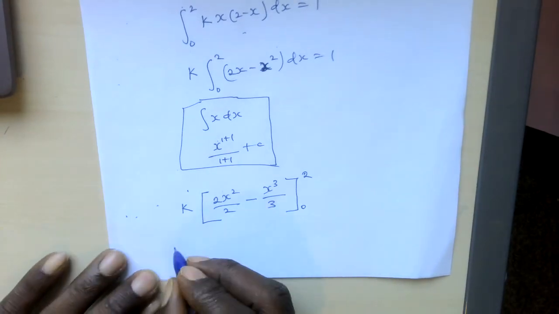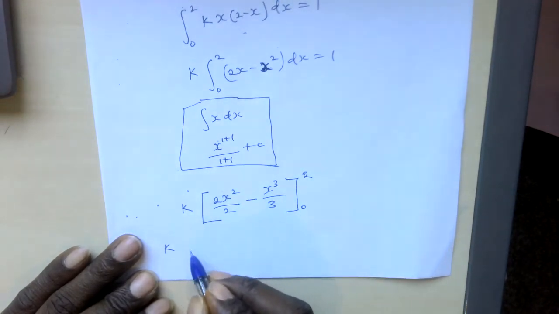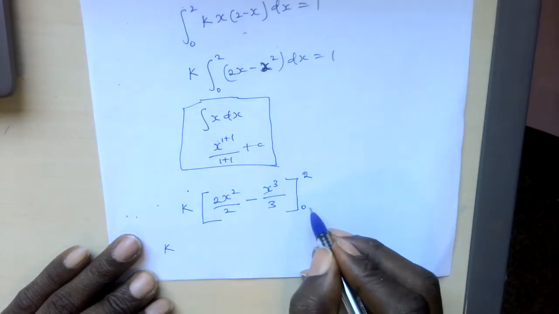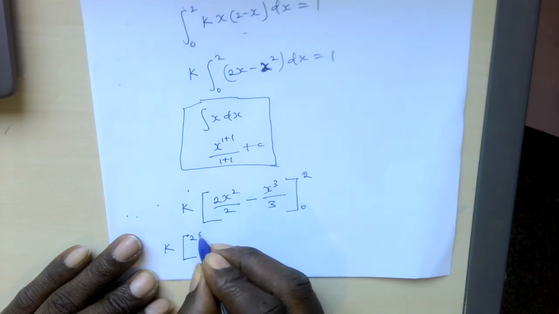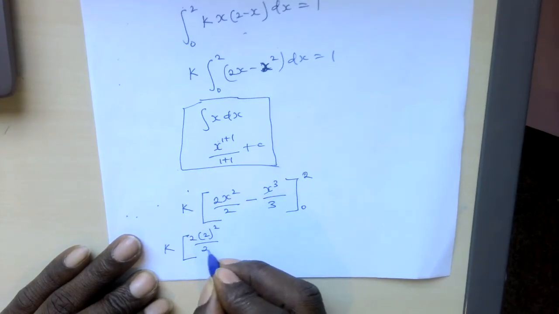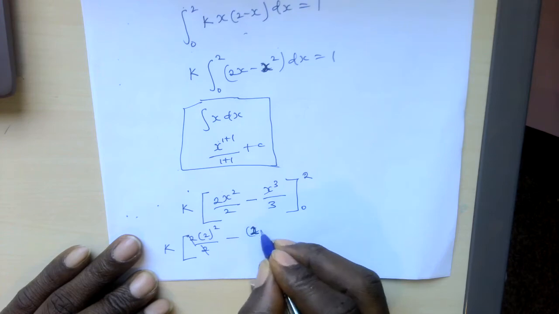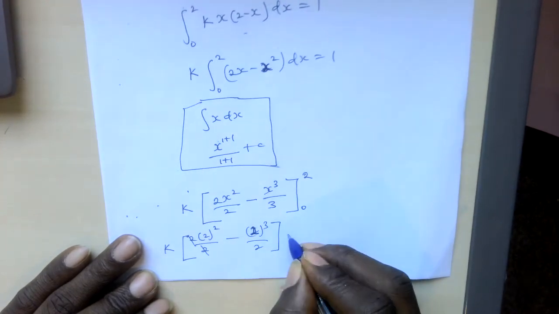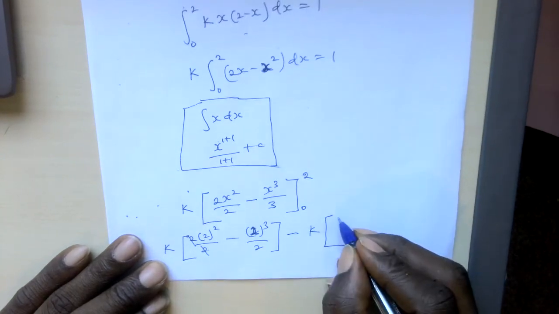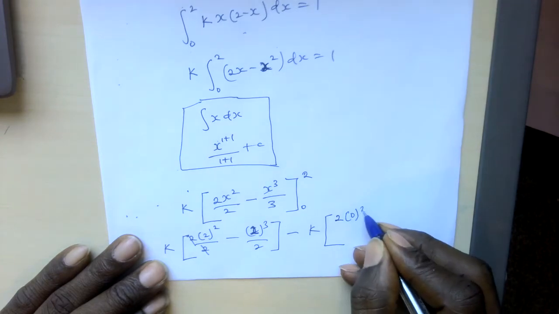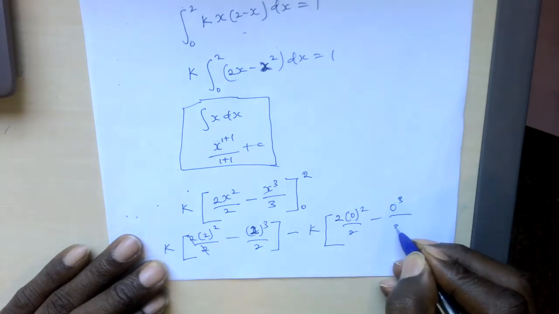So what that is saying is that you have k. We substitute 2 for all x here, minus everything again, substituting 0 for all x. So we have 2 raised to the power 2 over 2, which is 2, minus 2 raised to the power 3 over 3, minus 0 squared over 2 minus 0 cubed over 3.